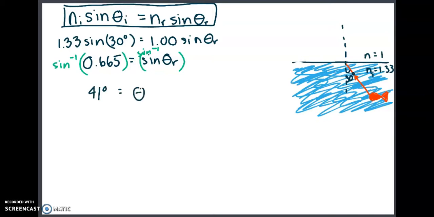So let's draw this correctly. That means as it goes from water into air, that red light bends away from the normal line, making an angle larger than 30 degrees. So the light was going to go here, but it's going to bend away from the normal, making a larger angle.